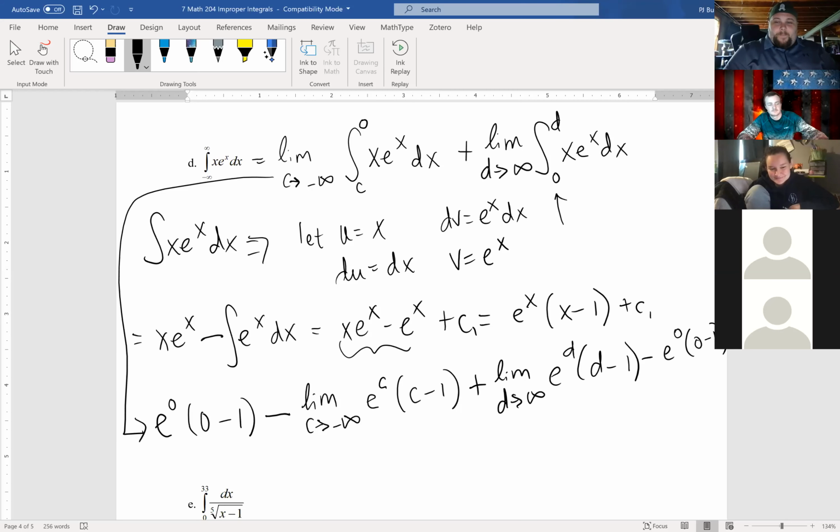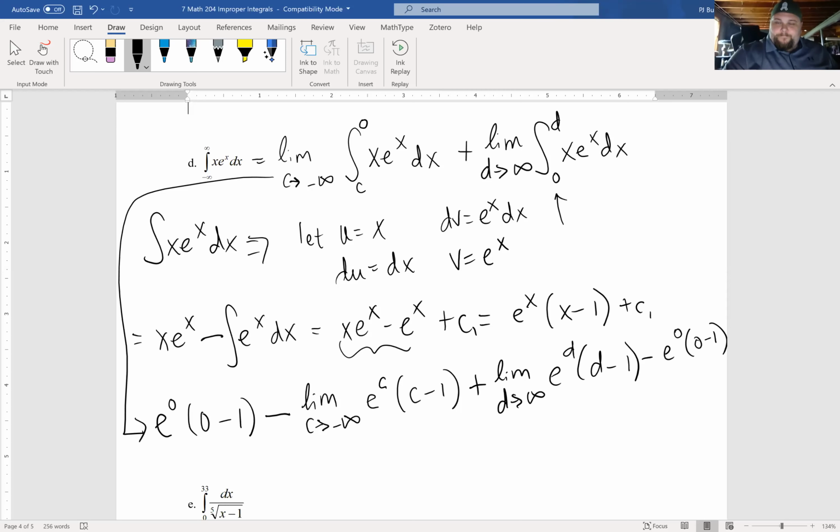Okay. So then, let's see. e to the 0 is 1 times a -1. This whole thing is -1. Over here, we have the same thing, but a minus sign in front of it.